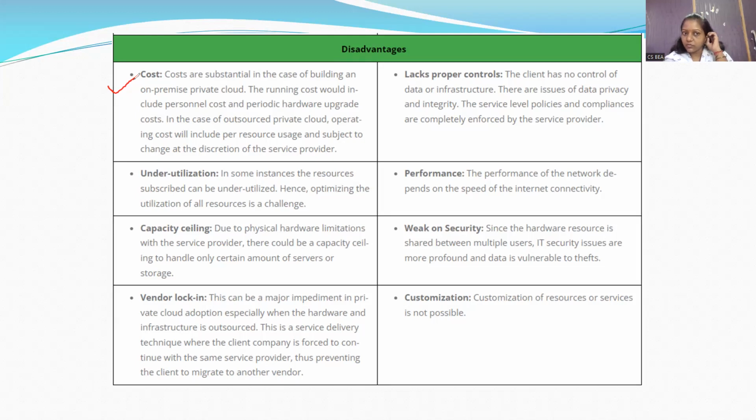The running cost would include the personnel cost and periodic hardware upgrade costs. So definitely the initial costs, or the cost used for your software and hardware upgradation, will be included here.